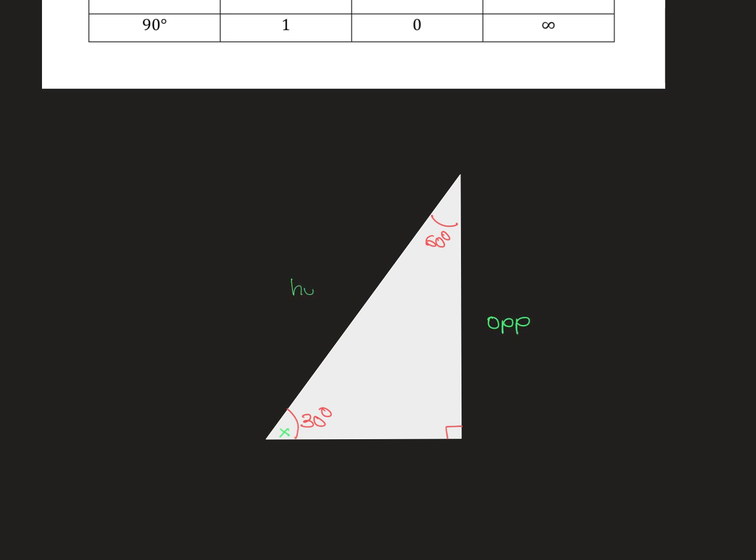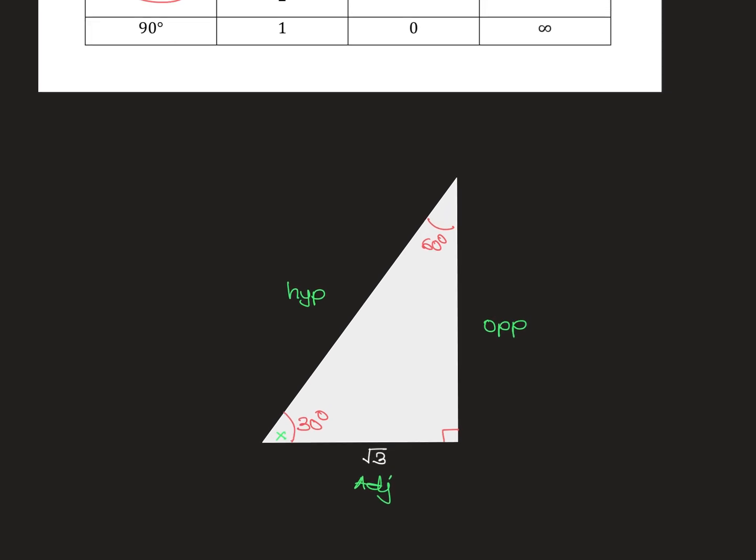The hypotenuse doesn't change. It is always the side facing the 90-degree angle, and the other side will be the adjacent. If you have 30 degrees here, adjacent to it we have root 3. We will call the opposite 1, and we will call the hypotenuse 2. You have to remember these values.